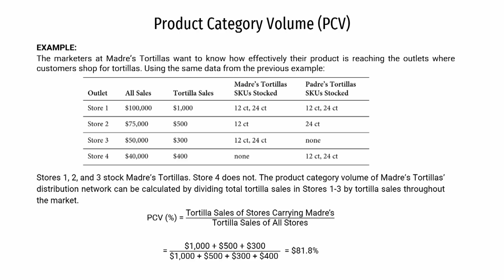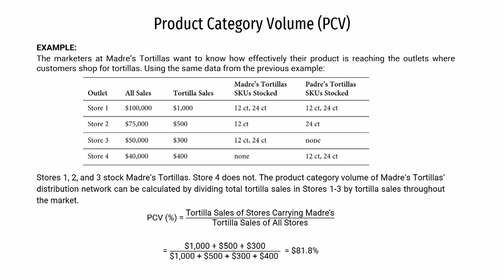Now, let's review the same example. We will try to calculate this metric, product category volume. I am not going to explain the example again; the facts associated with the example will remain the same. As we have seen, stores 1, 2 and 3 stock the Madras tortillas, store 4 does not.